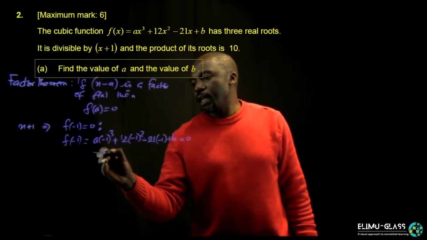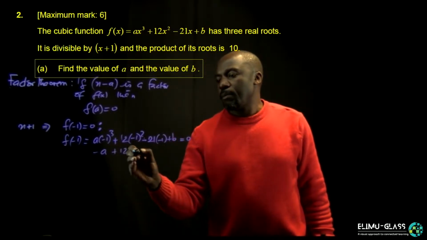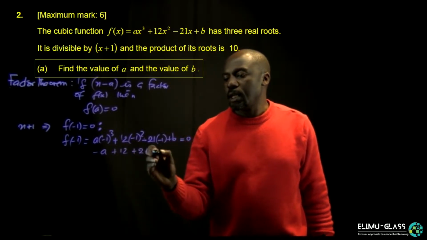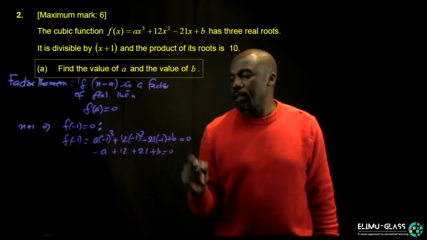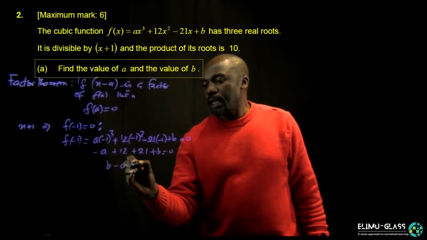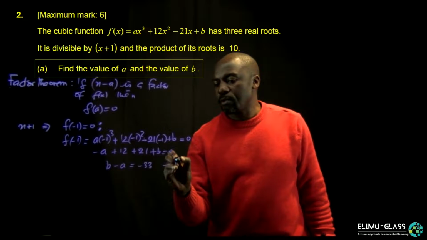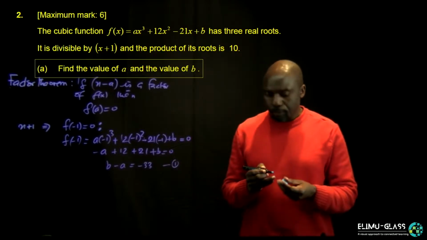This is negative a plus 12 plus 21 plus b is 0. I can conclude that b minus a has to be negative 33, and that becomes my first equation.